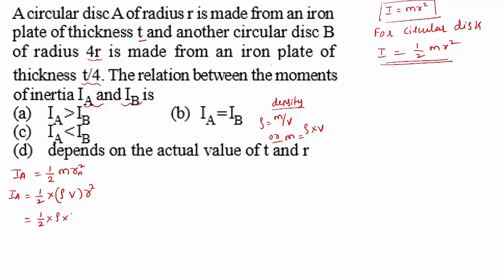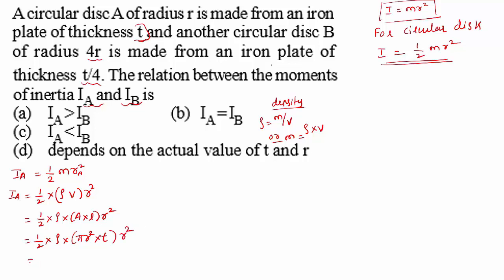Or I can write it as 1 by 2 into rho into volume. Volume means area into length. So the area of the disc we can write as pi r square, since it is a circle, and the length is equivalent to thickness. So in place of length, let us take T, into r square.